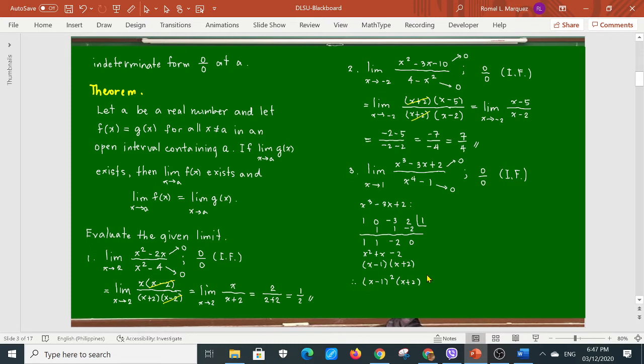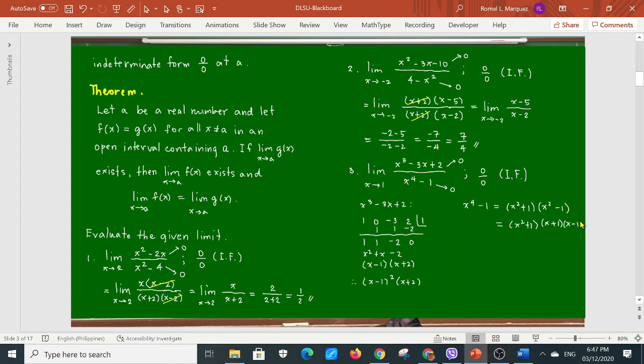What about the denominator? We have x to the 4th minus 1. So this is equal to x squared plus 1 times x squared minus 1, and this is equal to x squared plus 1, x plus 1, x minus 1.